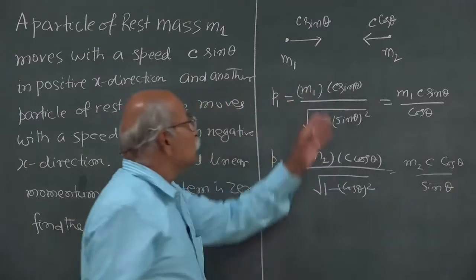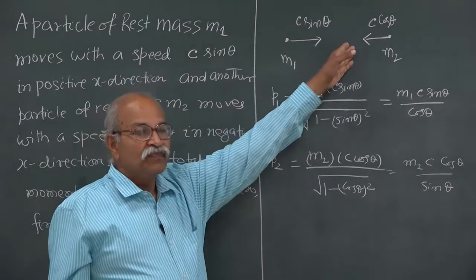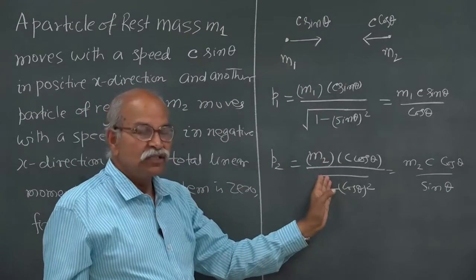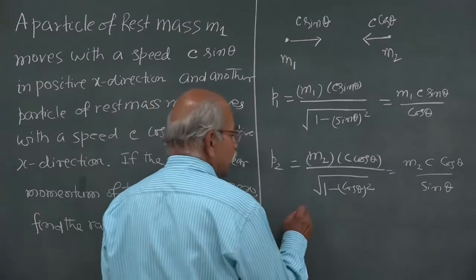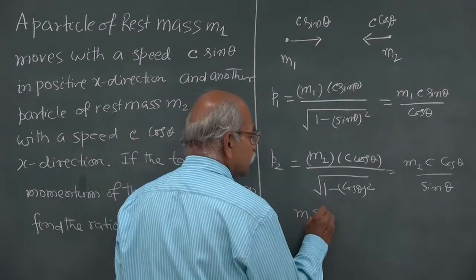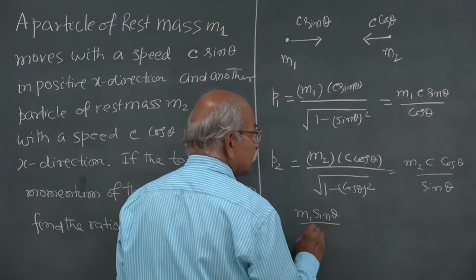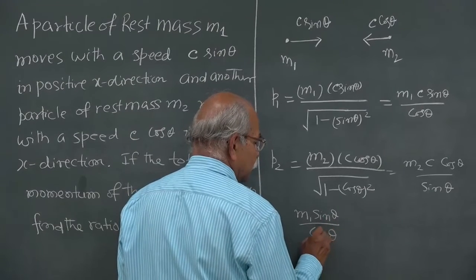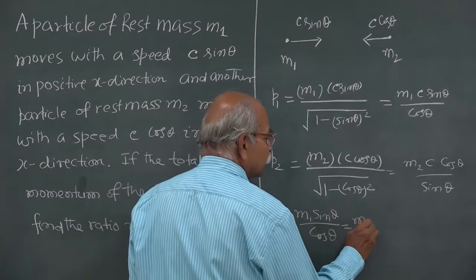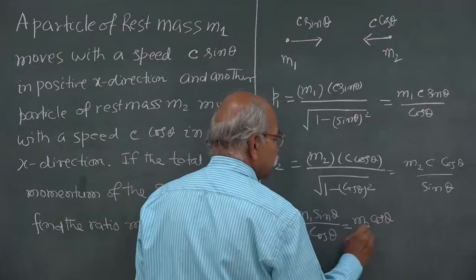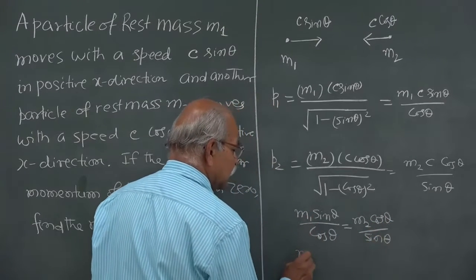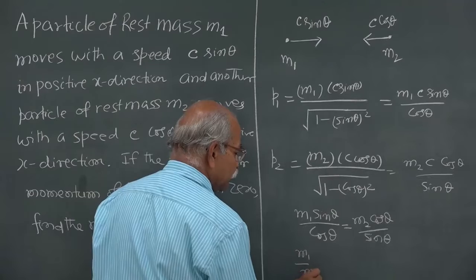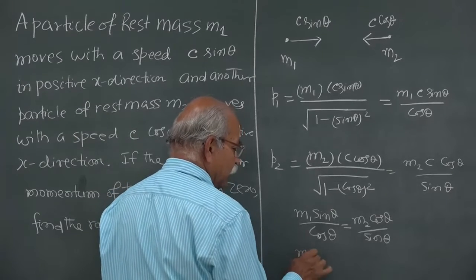So, if total linear momentum is 0, these two should have the same magnitude, and therefore, m1 sin theta by cos theta should be equal to m2 cos theta by sin theta, and hence m2 by m1 we need.